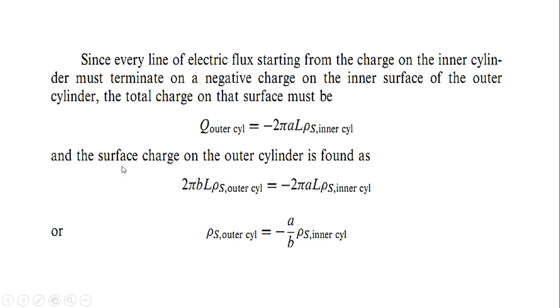And what will be the surface charge on the outer cylinder? It will be equal to 2 pi B L rho S. Now this surface charge density is the charge density of the outer cylinder.